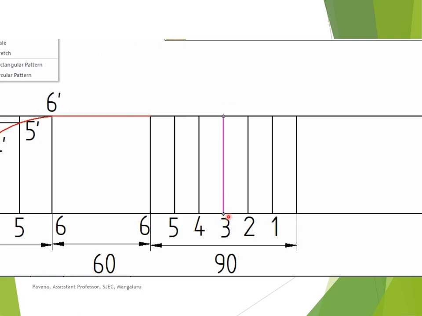Select the middle line and divide it into the same number of parts, 6 parts, in the upward direction. You can draw a small line, or a point that just indicates the division of this line.